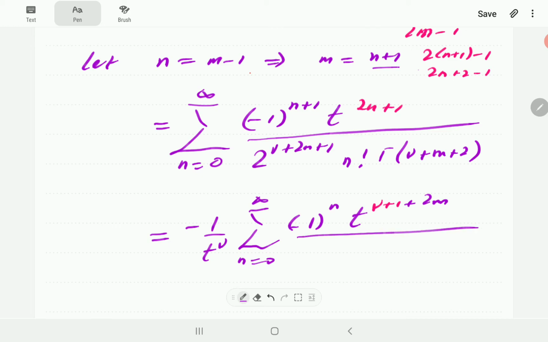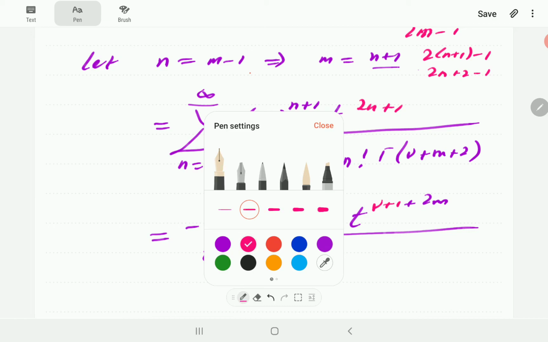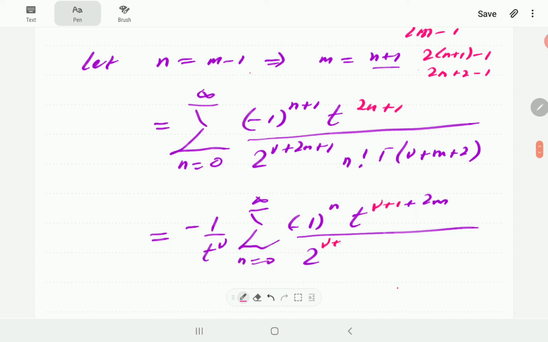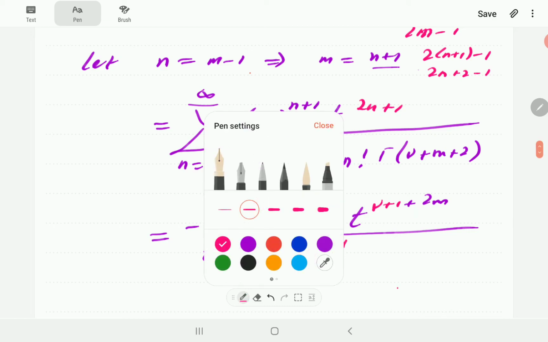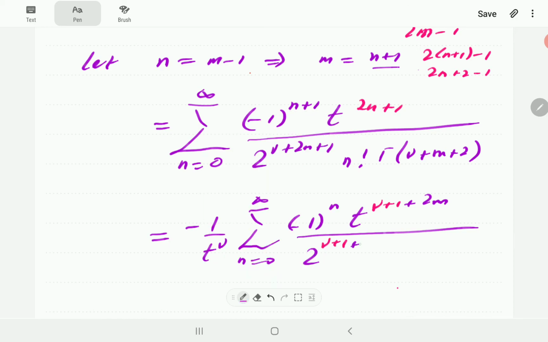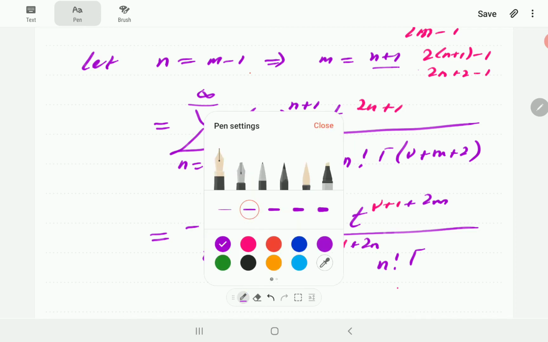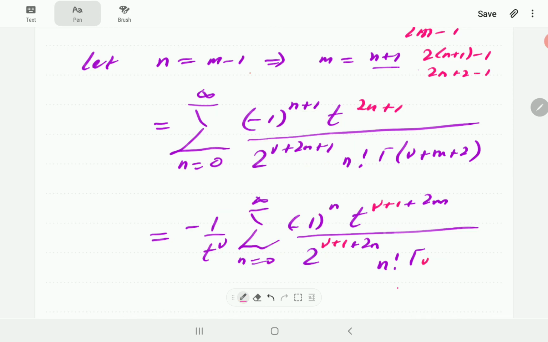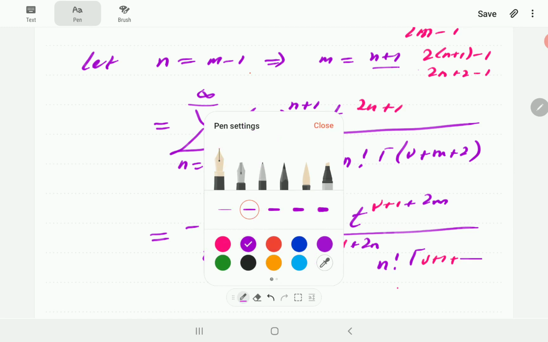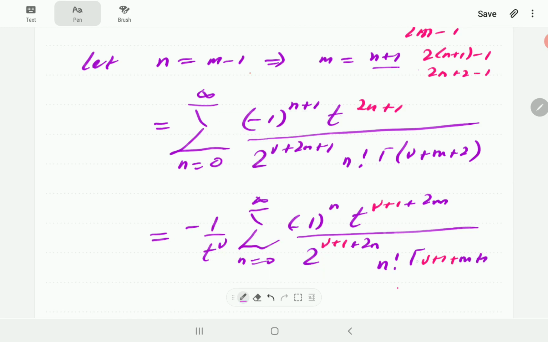Then in the denominator, I'm going to write this as nu plus 1, then plus 2n, n factorial. I'll write this one as nu plus 1 plus n plus 1.